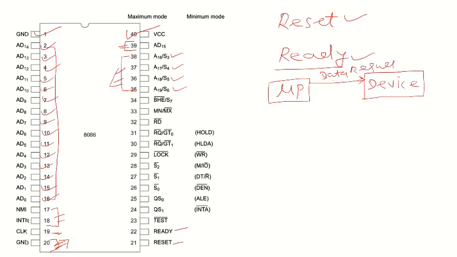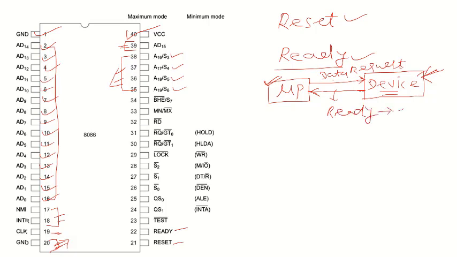As we know, the microprocessor is very fast, but peripheral devices are slow in speed. So first the microprocessor sends a request to the peripheral device to read or write data. Then, after some time, the device sends a signal to the microprocessor, and that signal is ready.